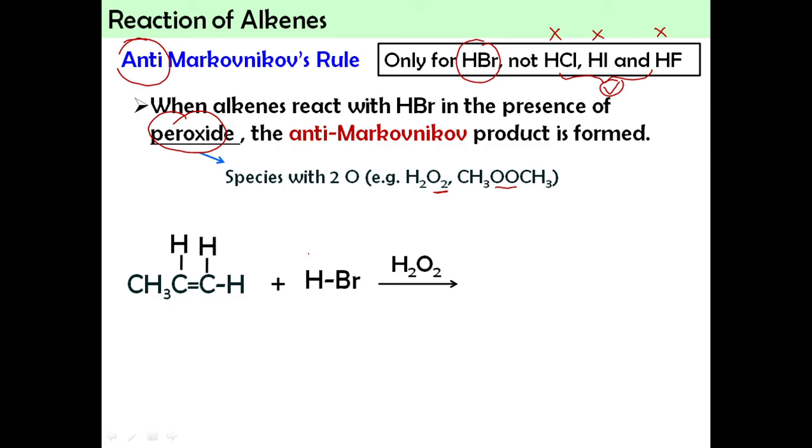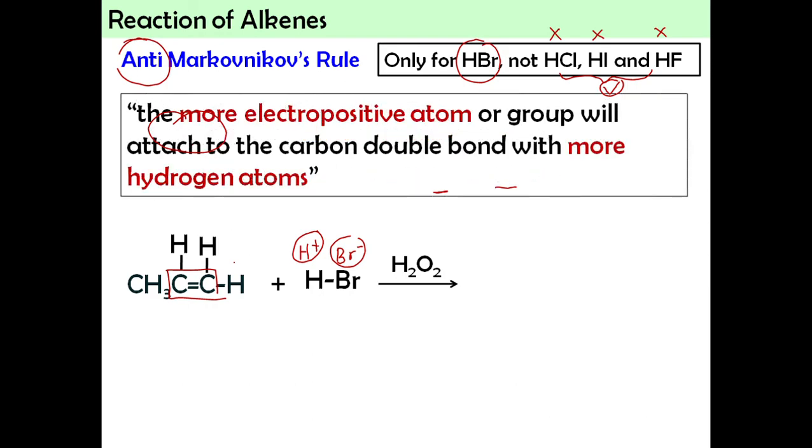Okay, so this will contribute H plus and Br minus as the reagent. Jadi ini adalah unsymmetrical alkene. Jadi dia akan follow anti-Markovnikov rule. So, ini Markovnikov rule. Jadi, kalau ikutkan Markovnikov, yang lagi positif akan pergi carbon yang banyak hydrogen kan?